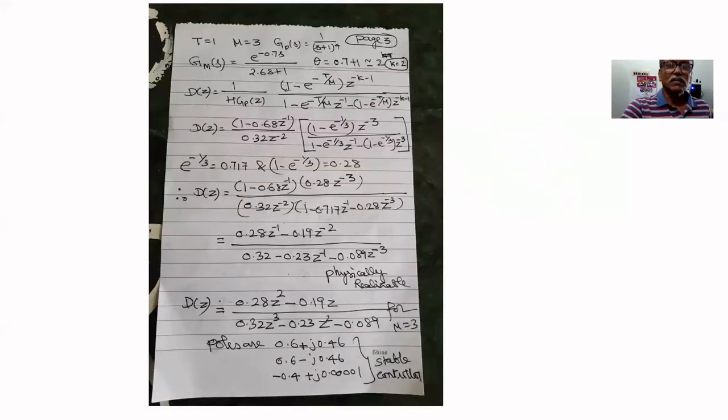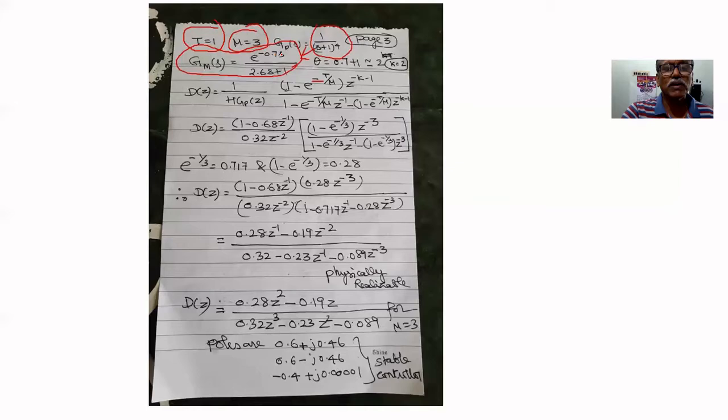Now let us design the digital controller for the given process 1 by s plus 1 to the power 4. We assume that the sampling period is 1 second, and mu equal to 3. What is the mathematical model of that fourth order process from the experimental data?